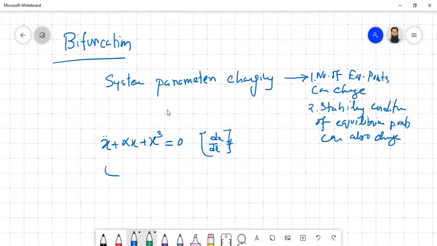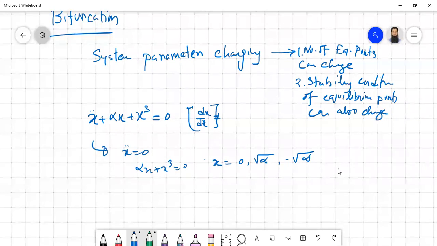Now if you try to find the equilibrium point, x double dot has to be equal to 0. So alpha x plus x cube equals 0. From this we can see that the value of x should be 0, plus root over minus alpha, and minus root over minus alpha.